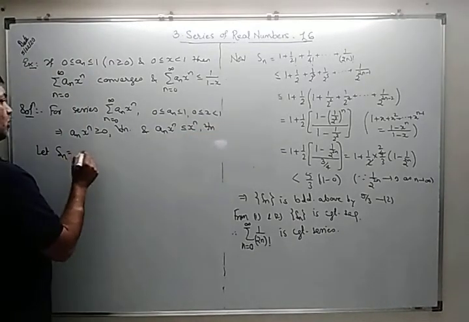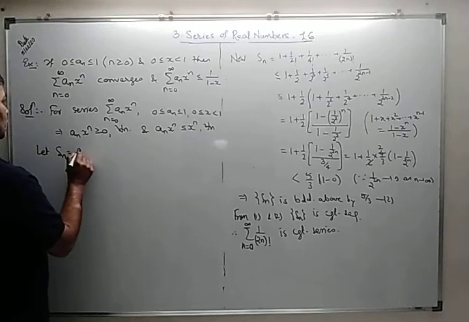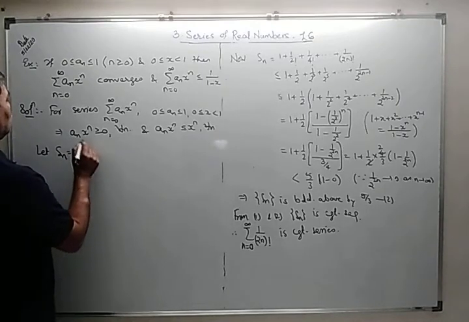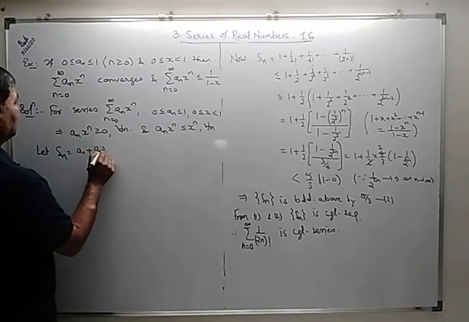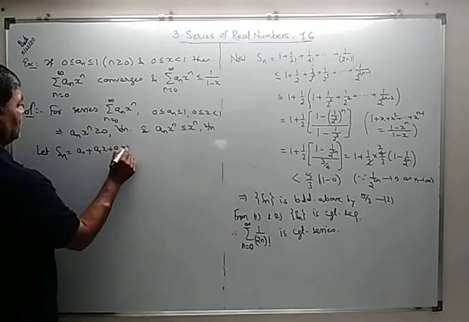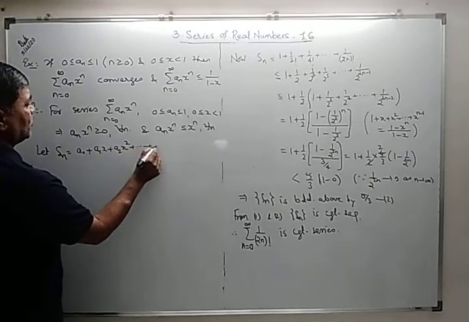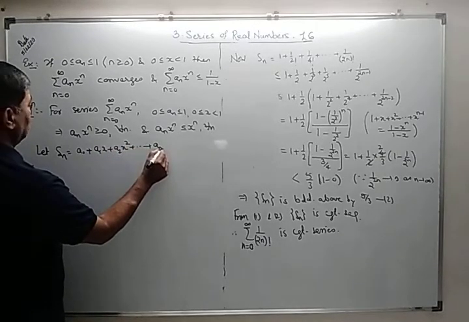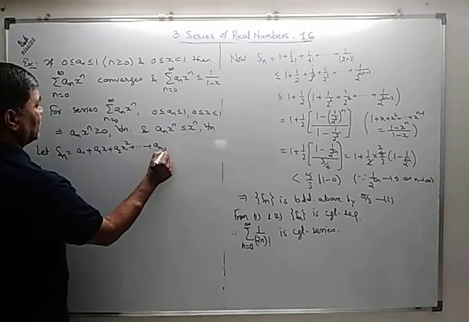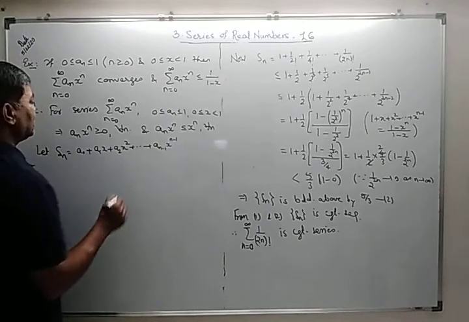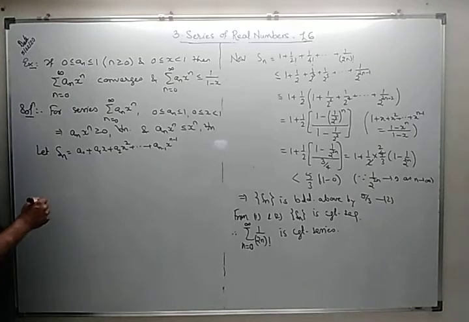Let Sn be equal to a naught plus a1x plus a2x square plus and so on up to a n minus 1 into x raised to n minus 1, the sum of first n terms of the series.